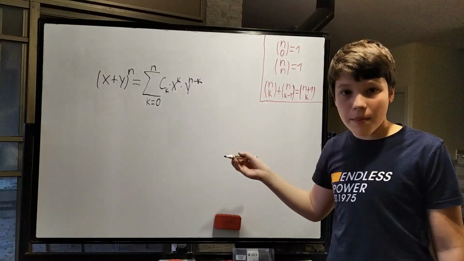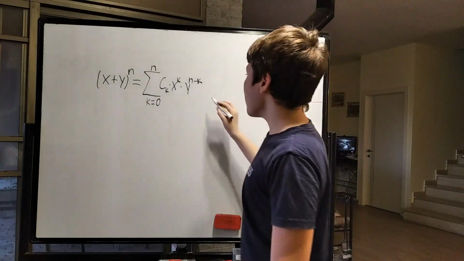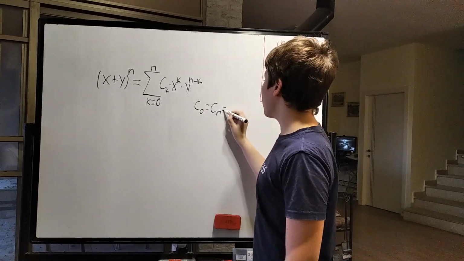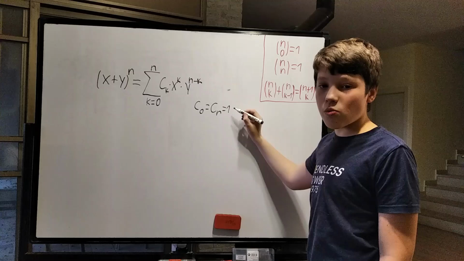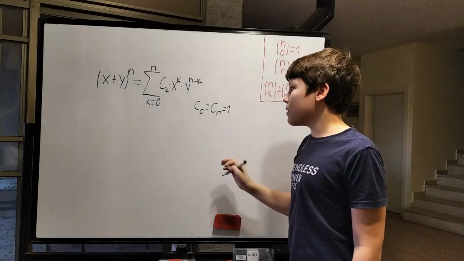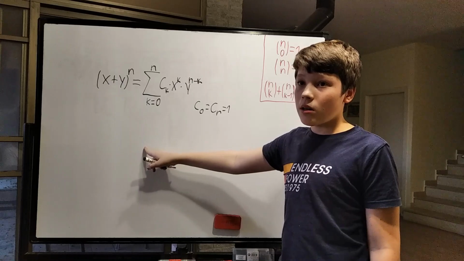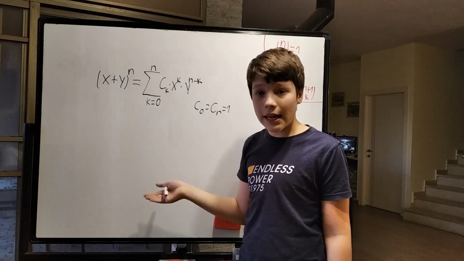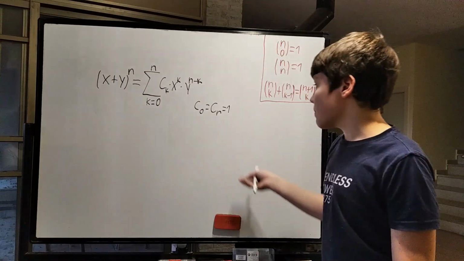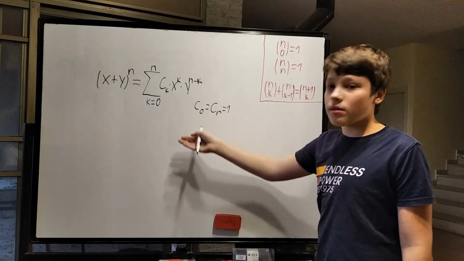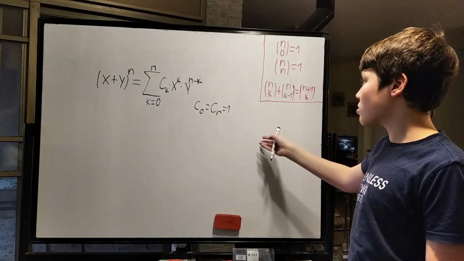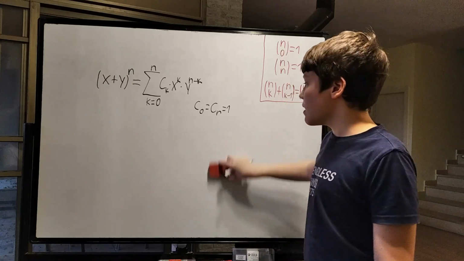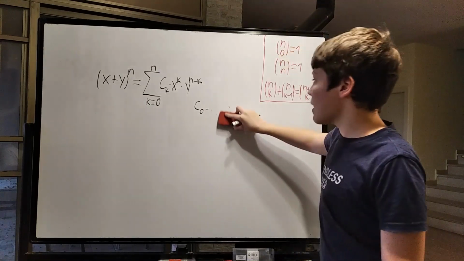Now, if you remember earlier, c0 is equal to cn, which is equal to 1. The coefficients of x to the n and y to the n are both 1. So, like the sum, we are also saying c0 is equal to cn is equal to 1, which looks kind of similar to this, so that is it.